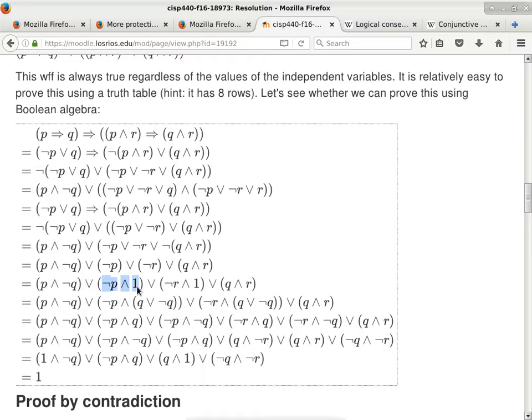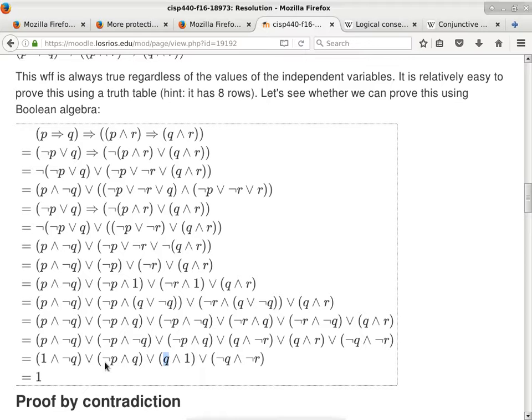You saw this earlier. Introducing the one: I introduced an AND 1 here, and then I turn that 1 into Q or not Q, and then I distribute this whole thing and rearrange things a little bit, so that eventually I end up with 1 and not Q, and then Q and 1 here, by recombining things and simplifying equations. 1 and not Q is just not Q, and Q and 1 is just Q, but now we have not Q or Q, which is 1.